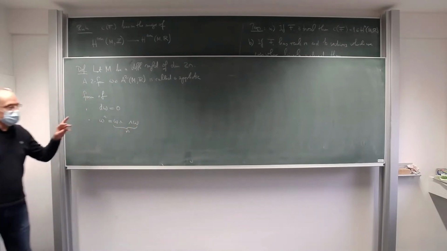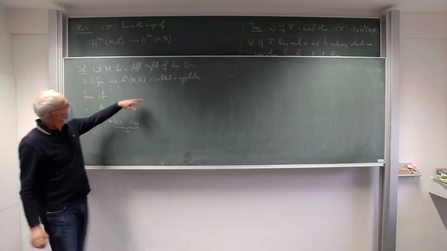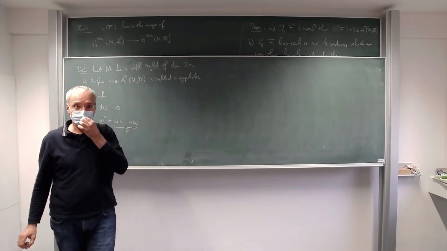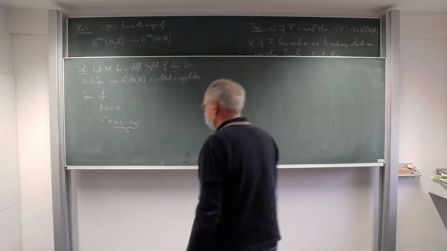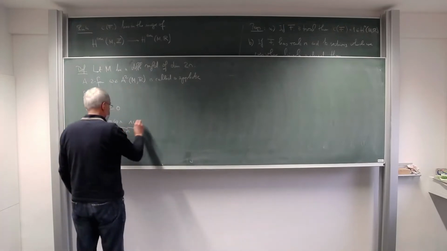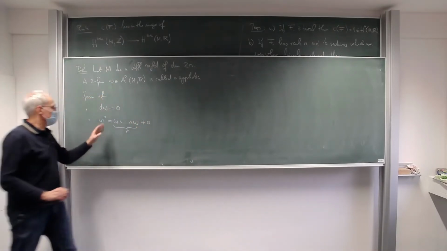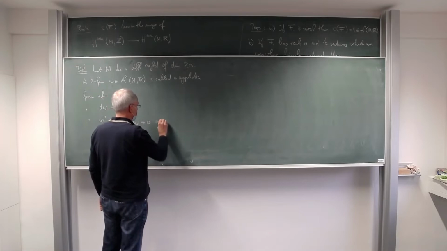Now omega is a 2-form, so the n-fold product is a 2n-form, and this coincides with the dimension of the manifold. So it is a form of maximal degree, and I'm asking that this is never 0, nowhere on the manifold.